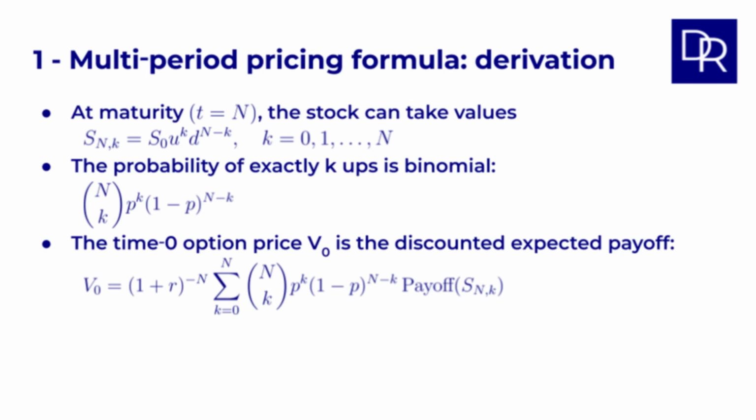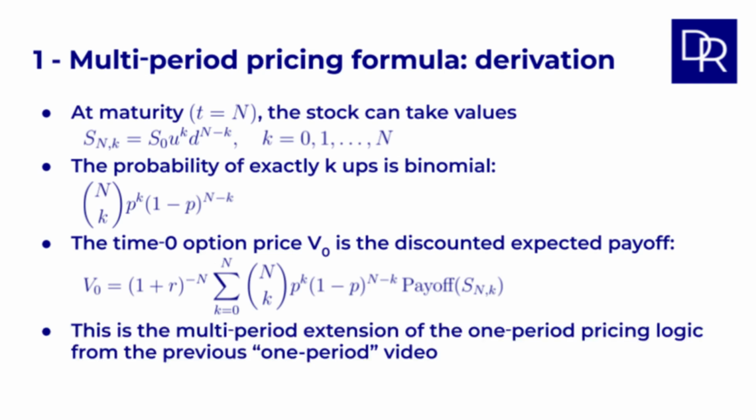Therefore, we can write the time 0 option price as the discounted expected payoff given by this formula. This is the multi-period extension of the one-period pricing logic which we derived in the previous video.